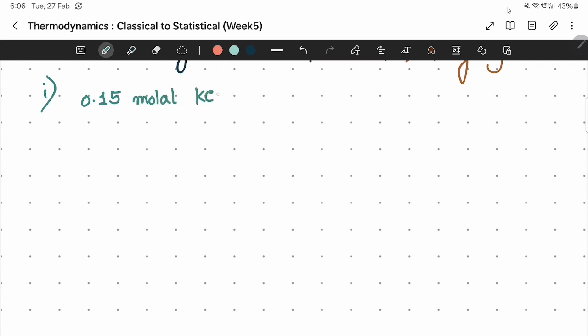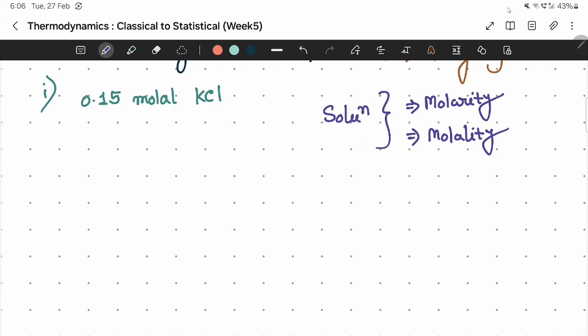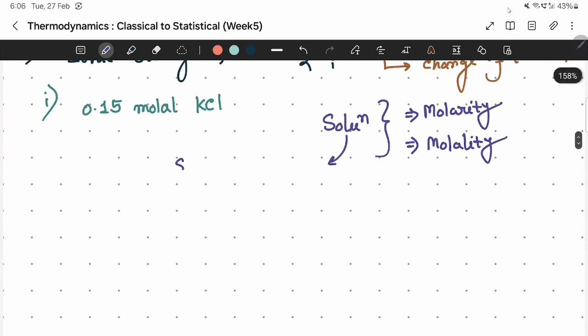KCl. First, what is molar? Probably we have already studied molarity, molality, normality. Molarity and molality are different, but both are used for defining the concentration of a solution. A solution means there is a solvent, and in the solvent we add some solute.